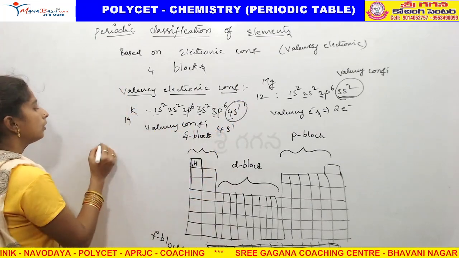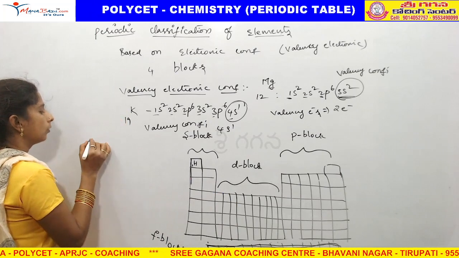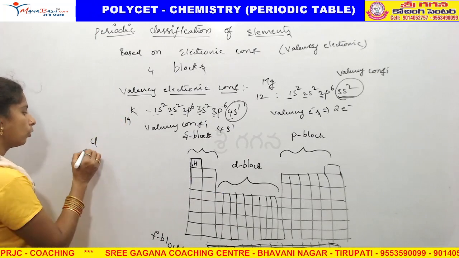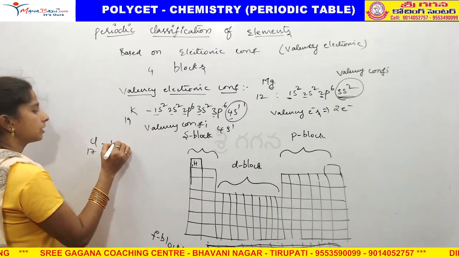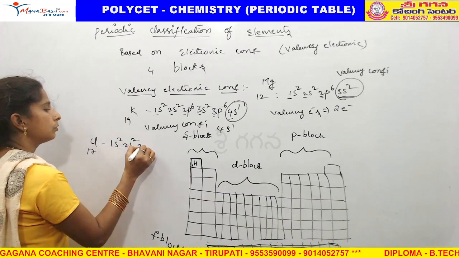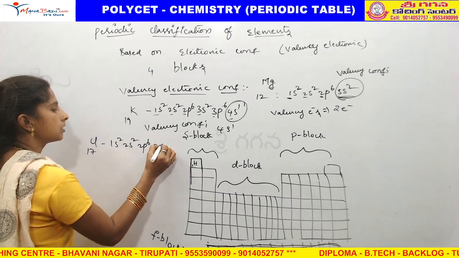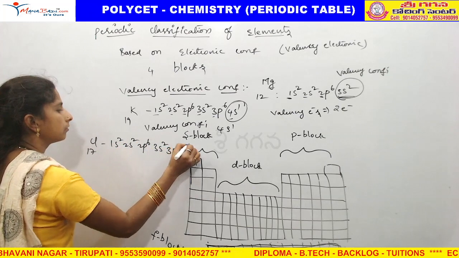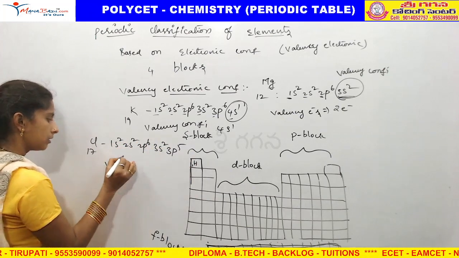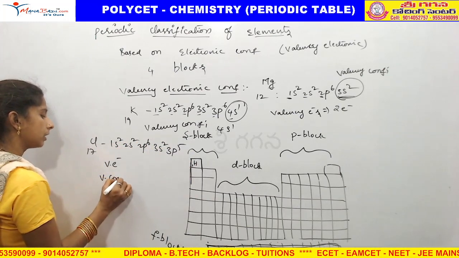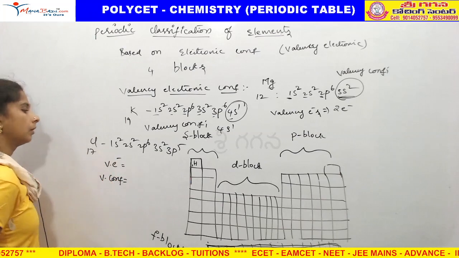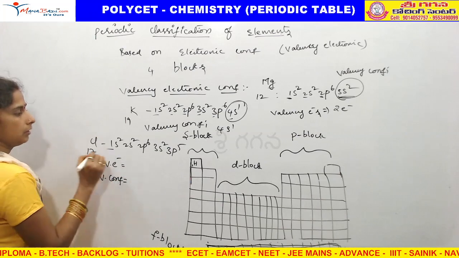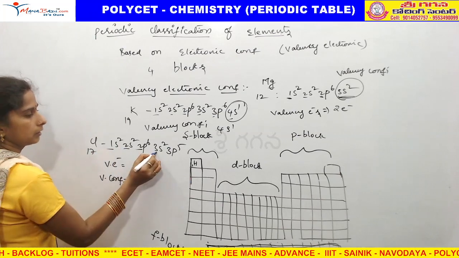For example, chlorine. I am taking chlorine, atomic number 17. Configuration 1s2, 2s2, 2p6, 3s2, 3p5. I want the valency electrons and the valency configuration also. First shell, second shell, third shell.